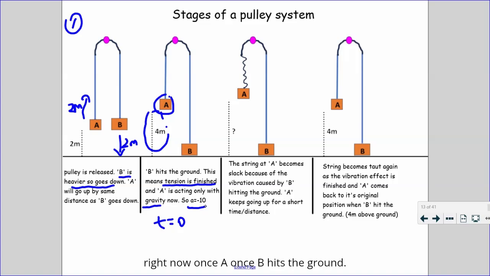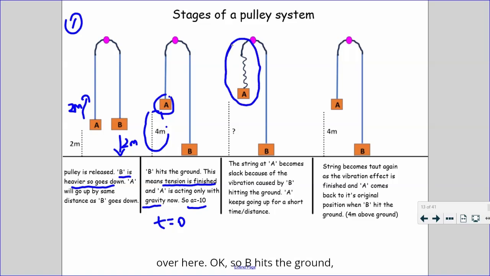Right, now once B hits the ground, what will happen is the string will have a vibrating effect. If you just imagine, let's say you have a ball attached to a string, and then you hit that on the wall, the string gets a shock effect and it starts vibrating. Now that's exactly what's happening in this stage over here.